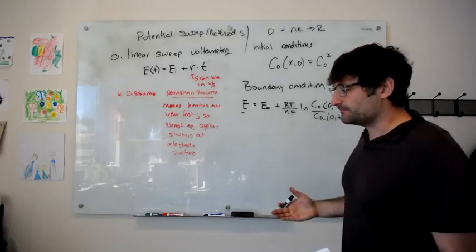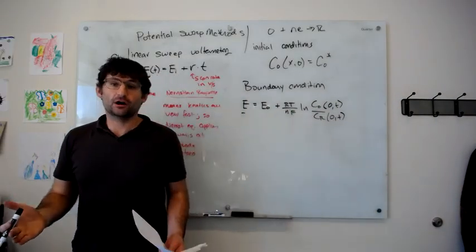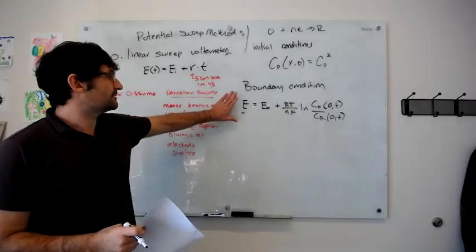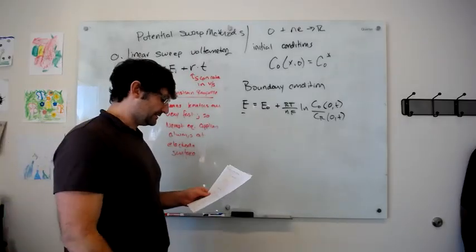So as I sweep the electrode potentials, I'm actually changing my boundary condition. So this is what makes solving the differential equations very hard, or why you do it numerically, is that the boundary condition now has a time dependence.